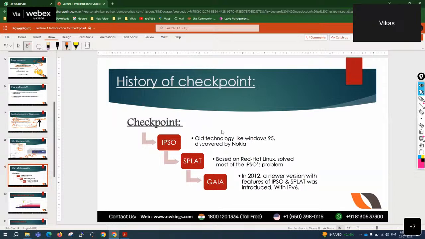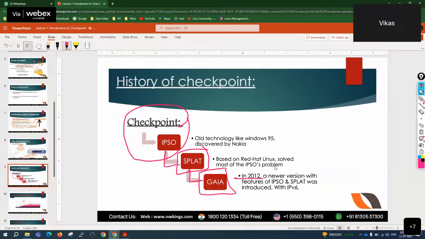All right. Now let's start the history of Check Point. There is no very big history available for Check Point. In brief, initially they started with IPSO. From IPSO, they upgraded to Splat, and from Splat, they upgraded to Gaia.